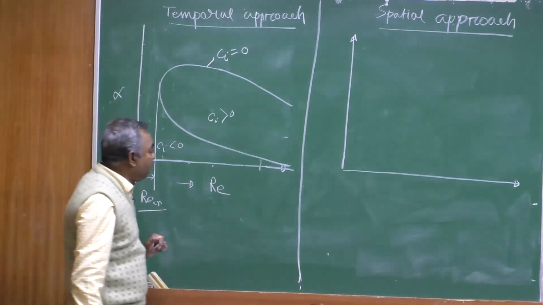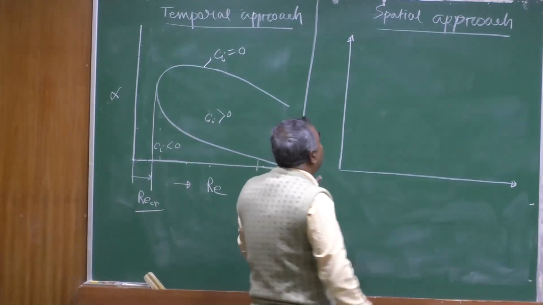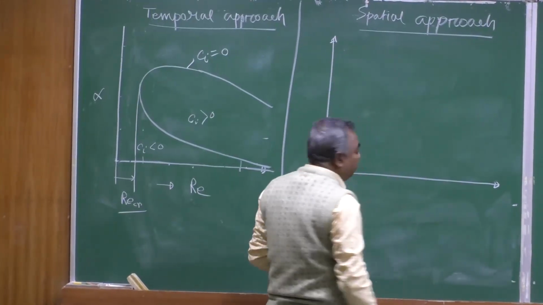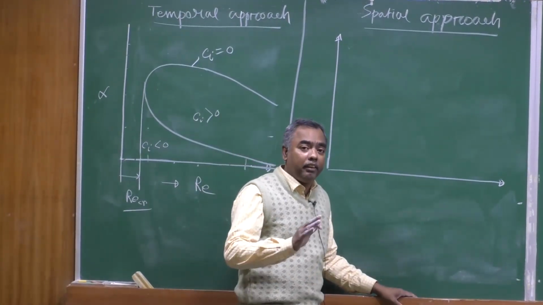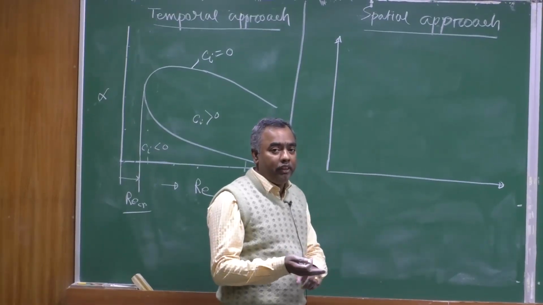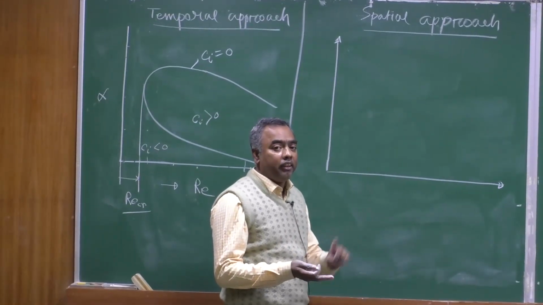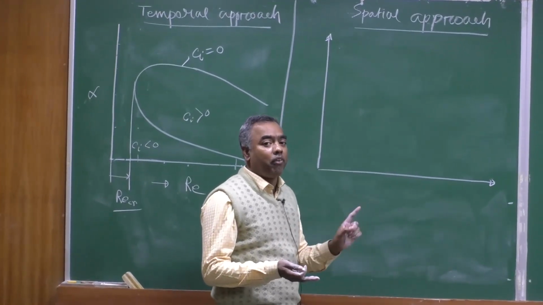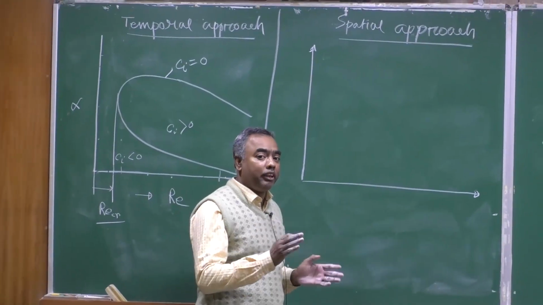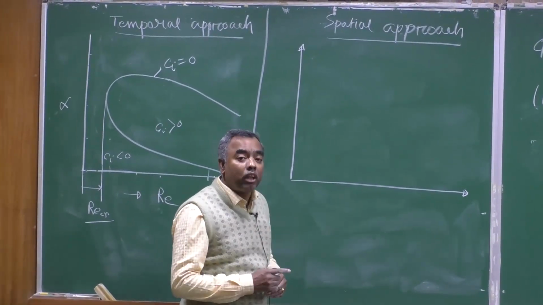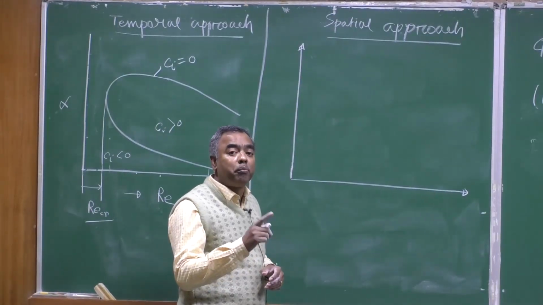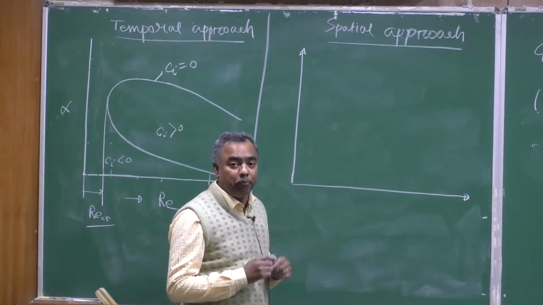Okay. So, anyway, now let us consider the spatial approach. So, in the spatial approach, what was the approach we talked about? We said Reynolds number is a given quantity, omega is a given quantity, and alpha r and alpha I, which are the eigenvalues, need to be calculated. And we are interested in the most unstable eigenvalues, for which minus alpha I is the maximum.